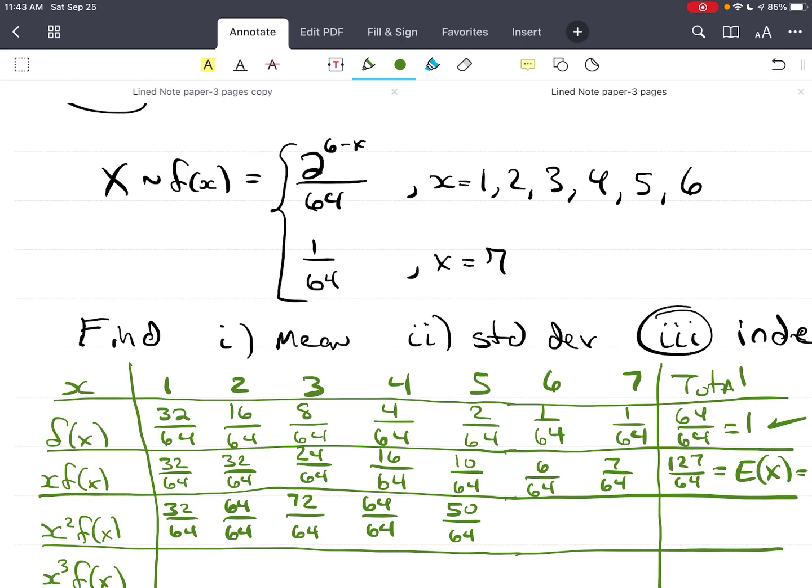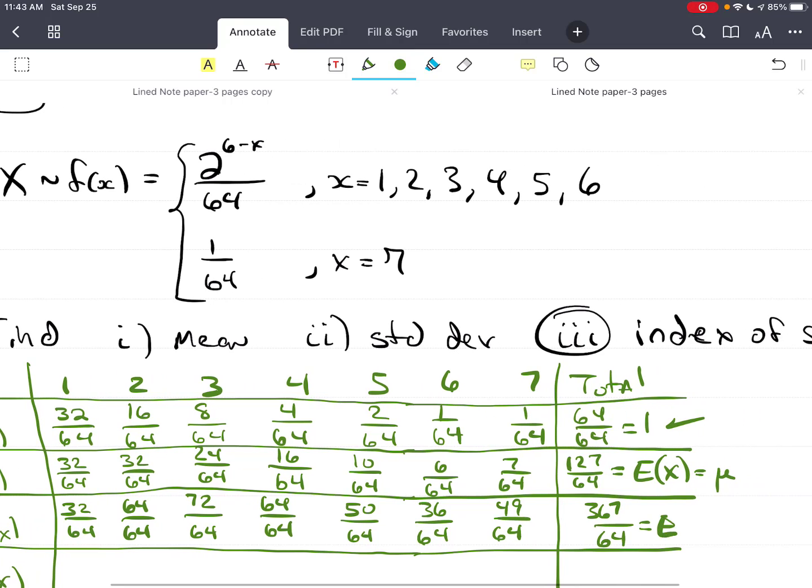See, so make sure you're using this number, not the 2 over 64, okay? So that's what I'm talking about. So 6 times 6 is 36 over 64, and 7 times 7 is 49 over 64. And this is going to add up to 367 over 64. And this is E of x squared.